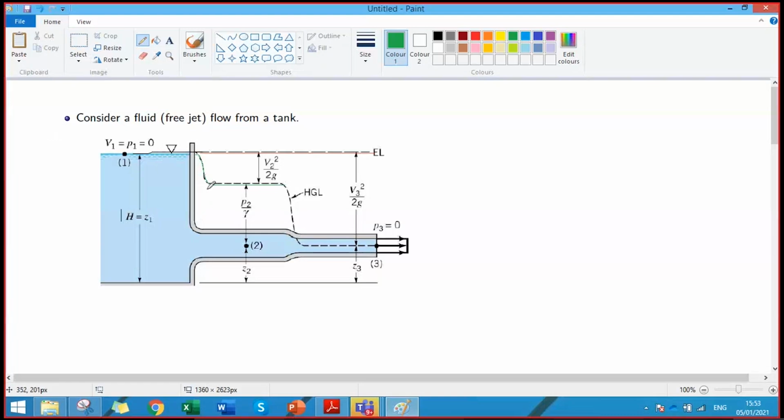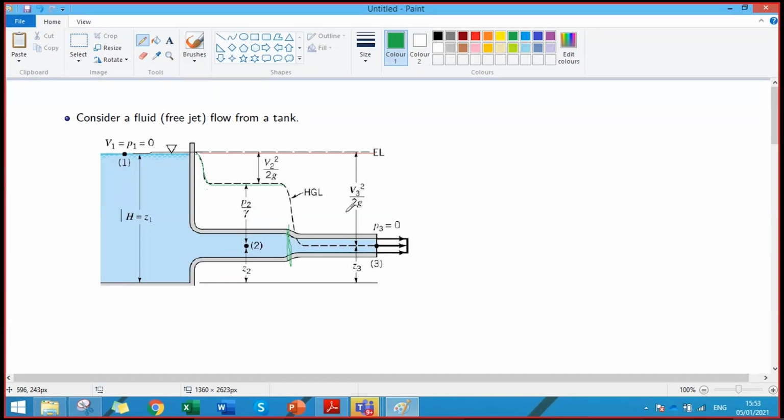Then the hydraulic grade line will remain constant till the point the area is not changing, the area is fixed. When we reach this neck, there is another change in area, and that change is a decrease in the area, which means the velocity will increase more.